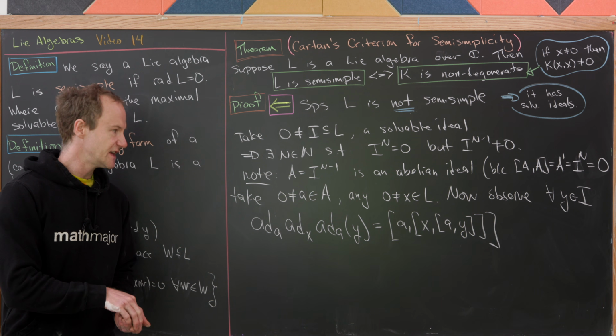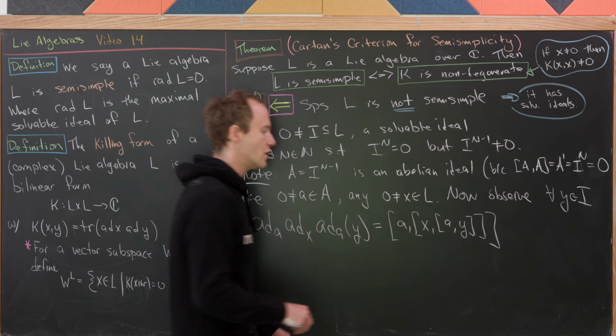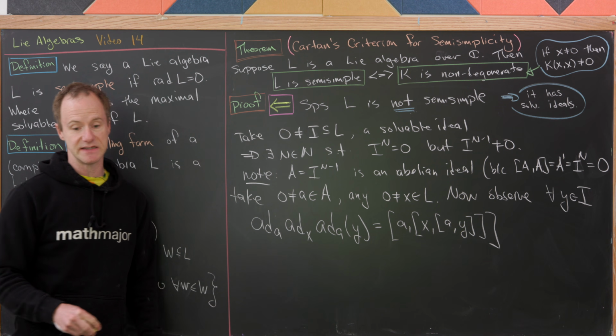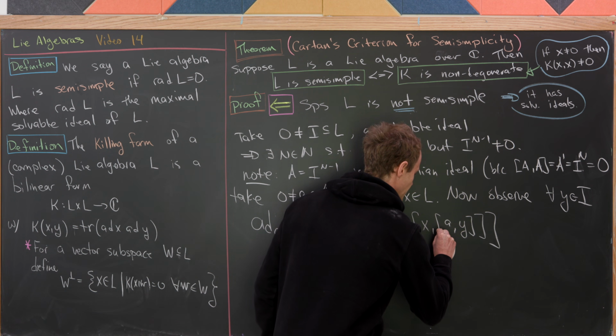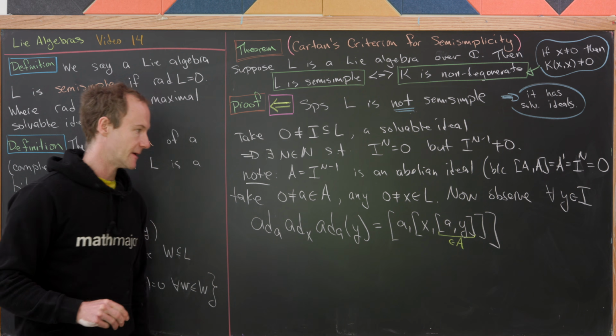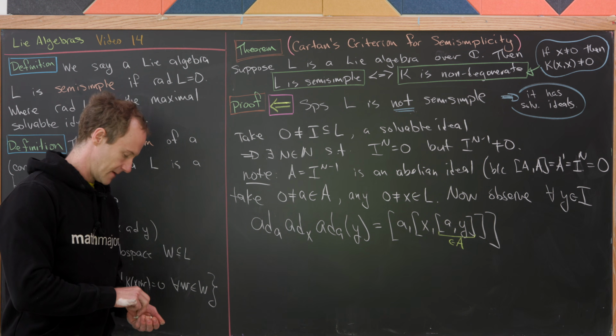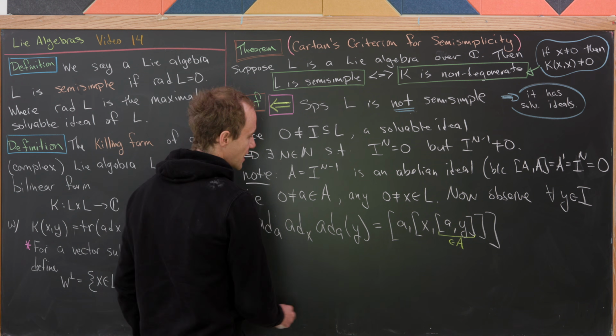But let's see what we've got going on here. First of all, we know that A is an ideal. So since A is an ideal, if we bracket A with anything from the Lie algebra, we get inside of A. So that means that inner bracket is inside of A. But then we can just work ourselves out.